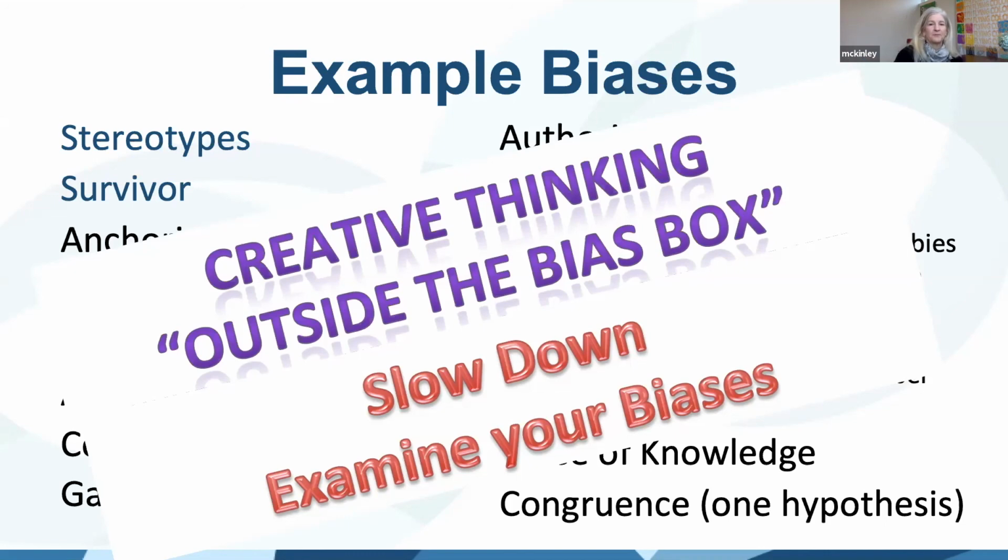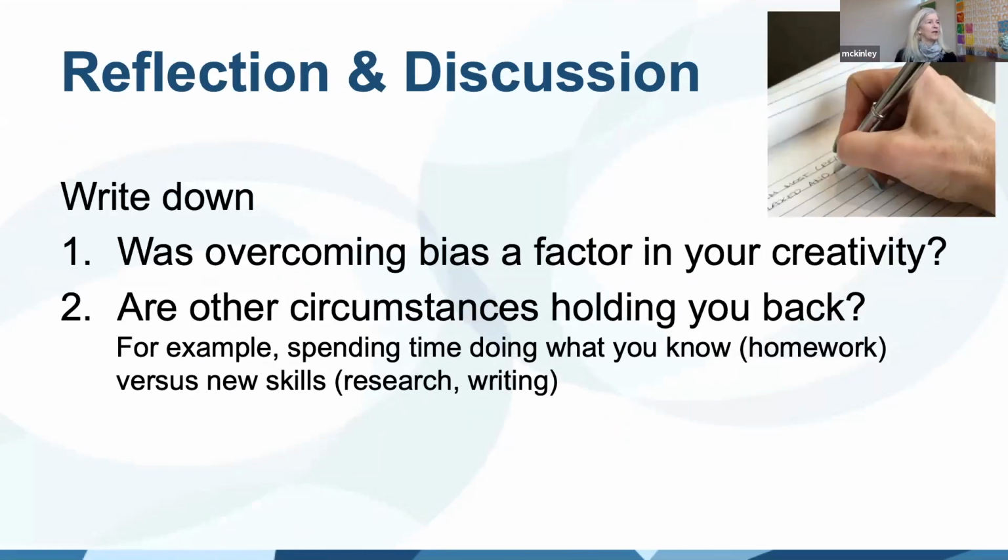All right. So now we're going to do one more minute of thinking about your creativity. And this time I want you to write down, was overcoming bias a factor in your creativity, of the example that you used?